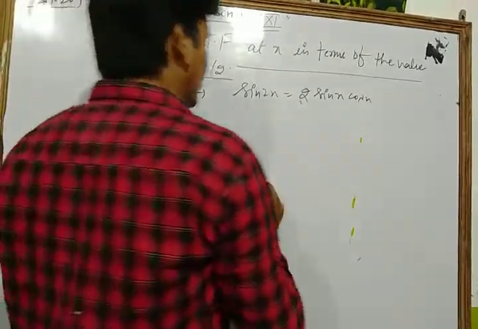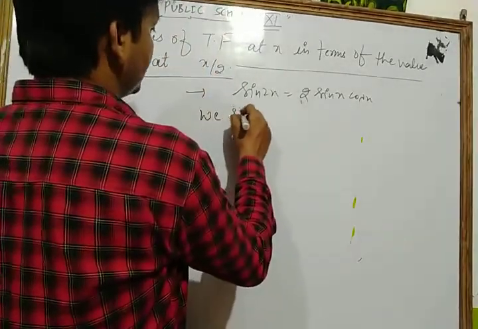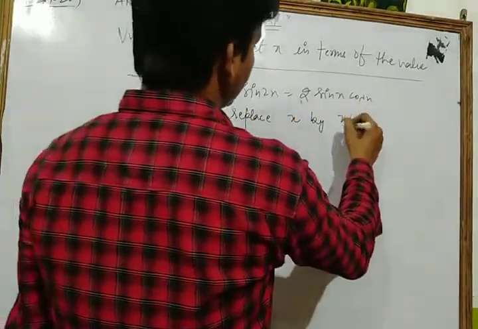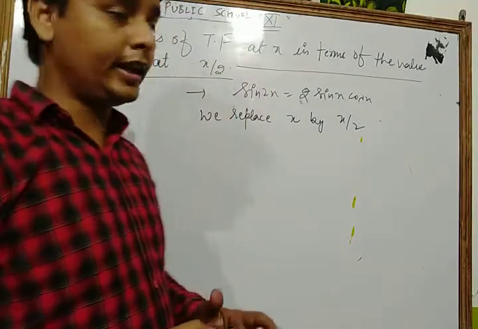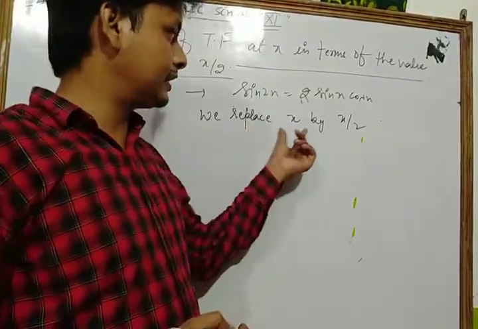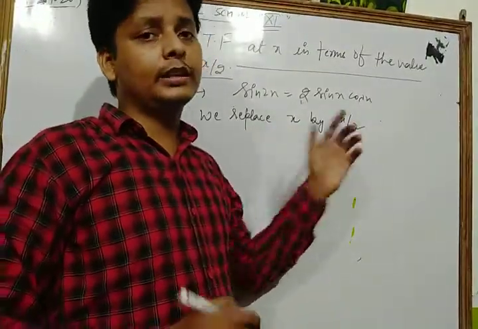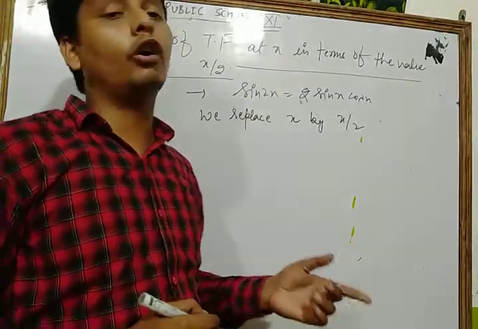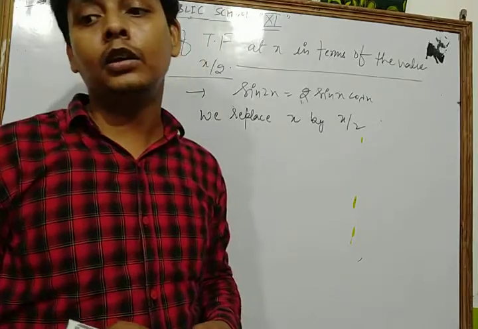In that type of formula, we replace x by x by 2. Okay, we replace x by x by 2, then we get all the trigonometric functions at x in terms of the values at x by 2.